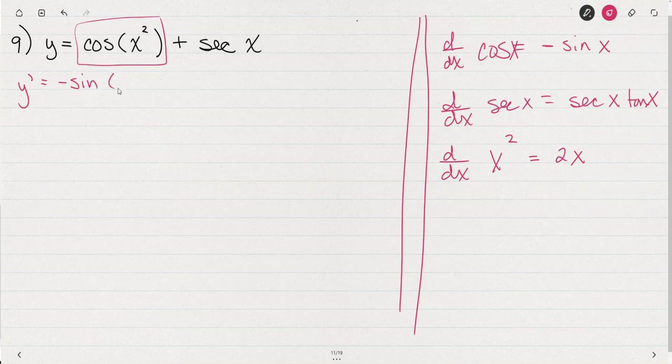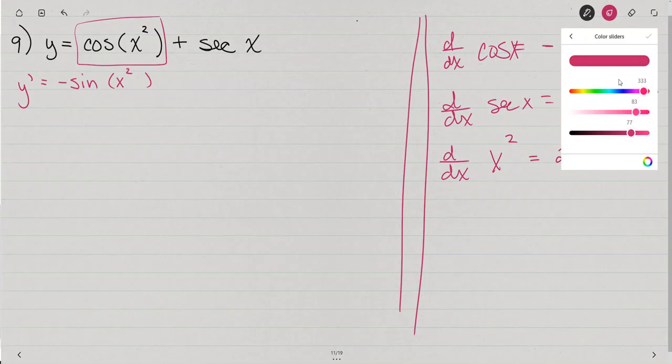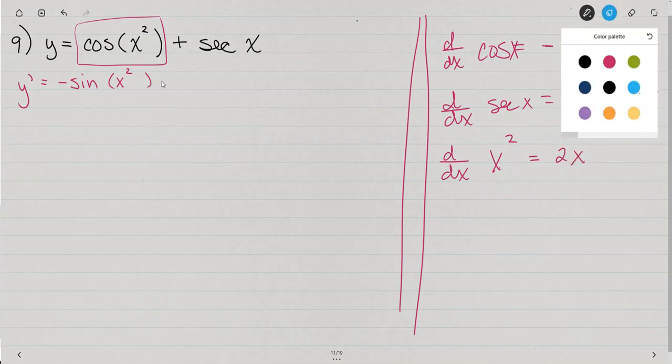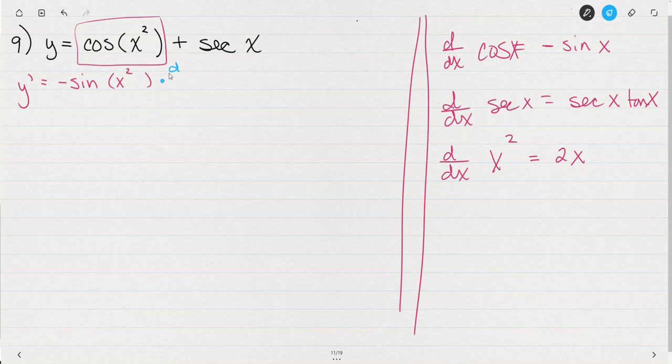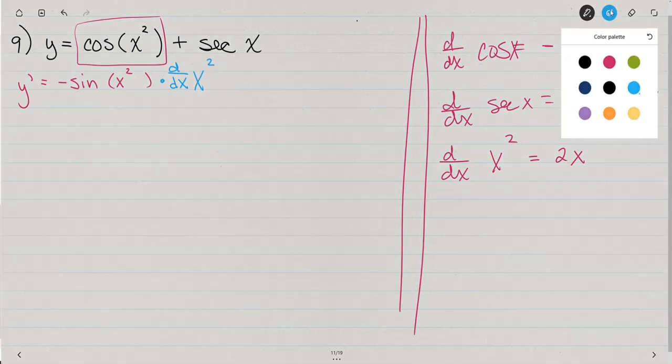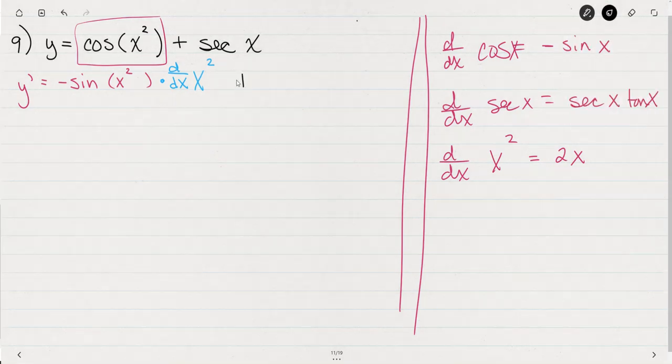So we have the opposite of sine of x squared. But then we have to multiply that times the derivative, always chaining, times the derivative of x squared.